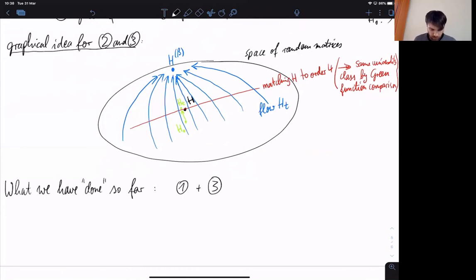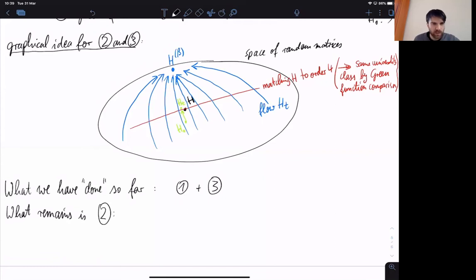And it was also important that the local law is the main input for 2 and 3. At least for 3 it was an important input for this Green function comparison. We use the local law directly, so various estimates on the Green function, some control on all entries of the Green function, and we also use rigidity, and also the local law will be an input for the second step. So what remains is this 2.